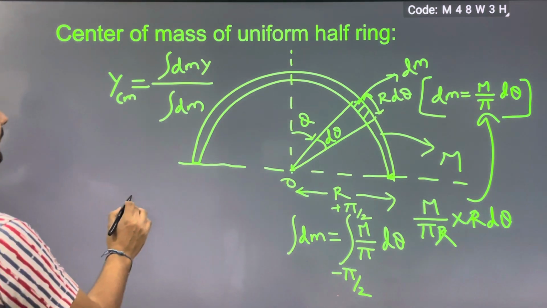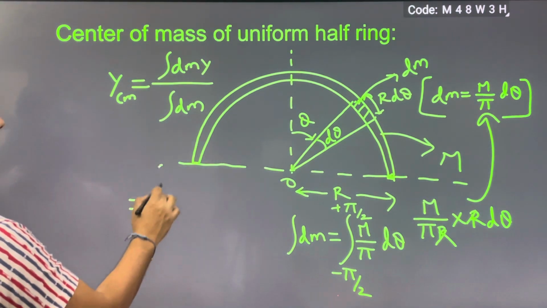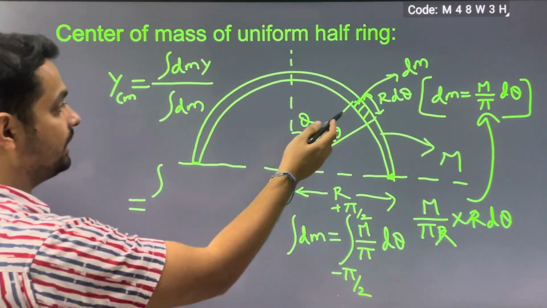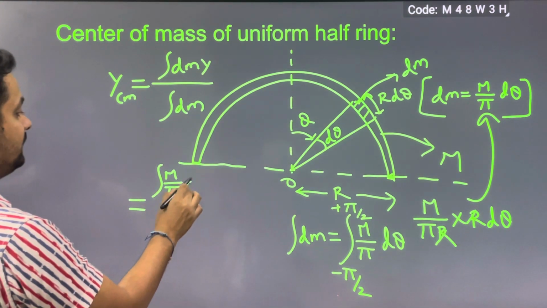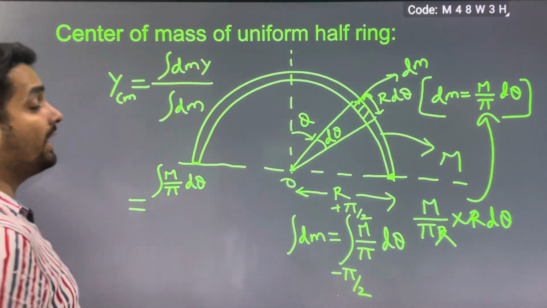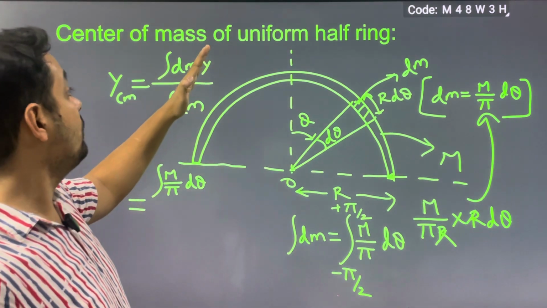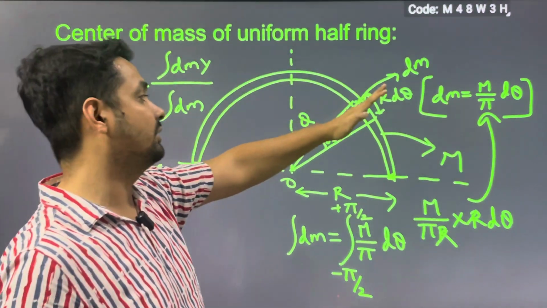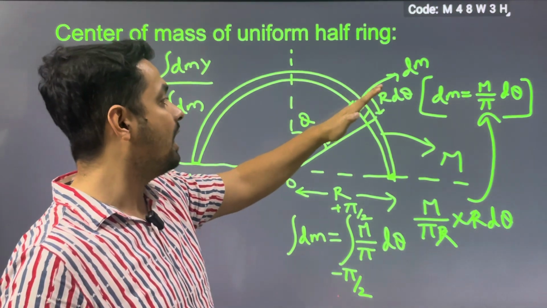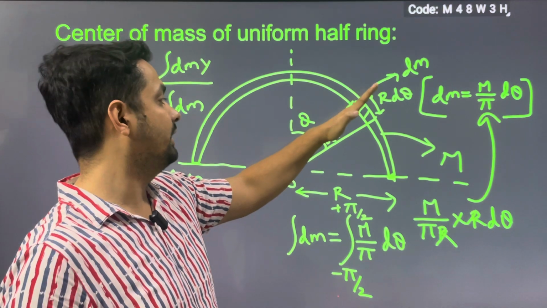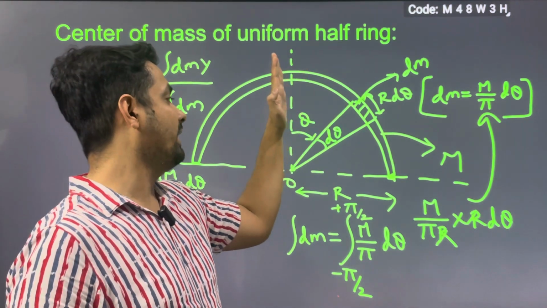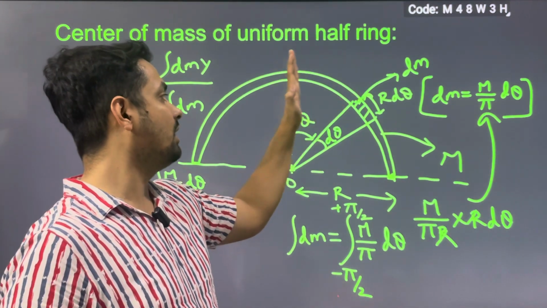So here I can write it as an integration of y dm, and dm, as I told you, is M by pi d theta. And what is the y here? Here y is the y coordinate of dm. So dm is here. What is the y coordinate of this? This is the R radius from here, so this is R cos theta. When you take the coordinate of this along the y axis, R is here, this is R cos theta.